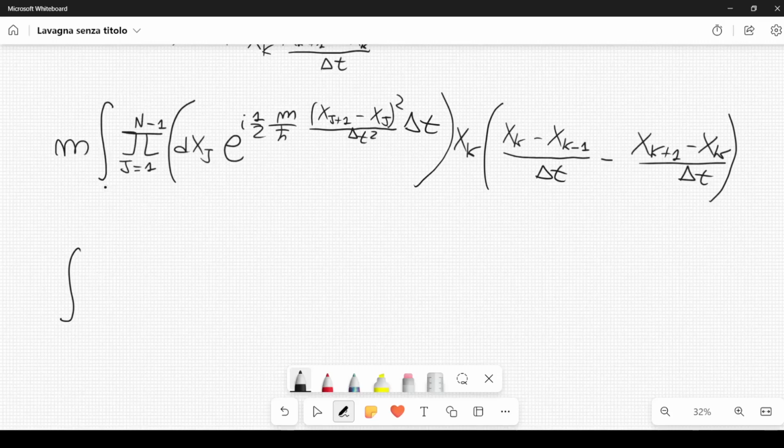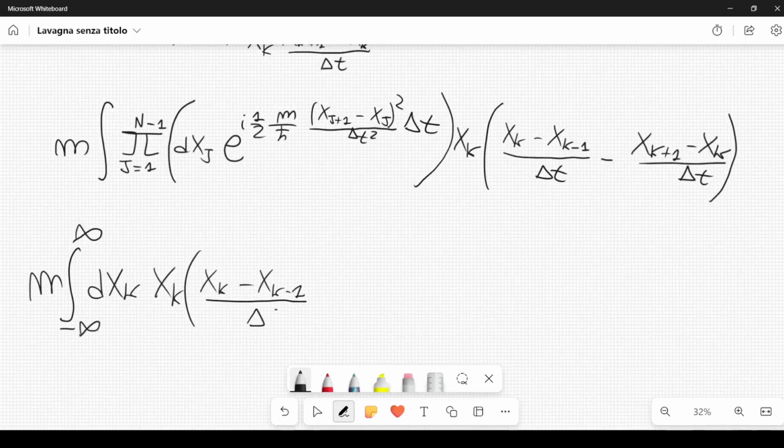Since they are products, we focus on the integral over dx_k, and remember that we have to integrate from minus infinity to plus infinity to account for all the possibilities. We still have the factor m that we can insert in this integral. Then we have x_k multiplied by (x_k minus x_{k-1}) divided by delta t minus (x_{k+1} minus x_k) divided by delta t.